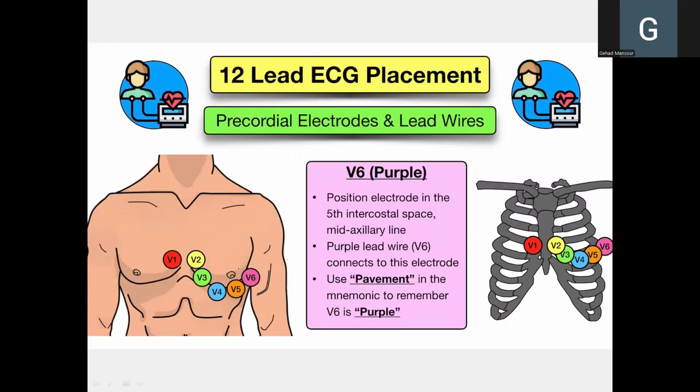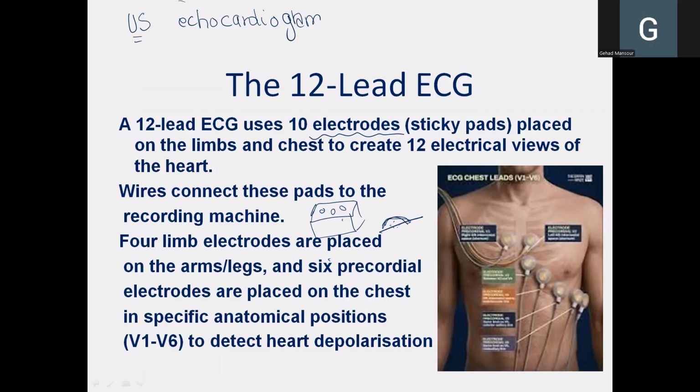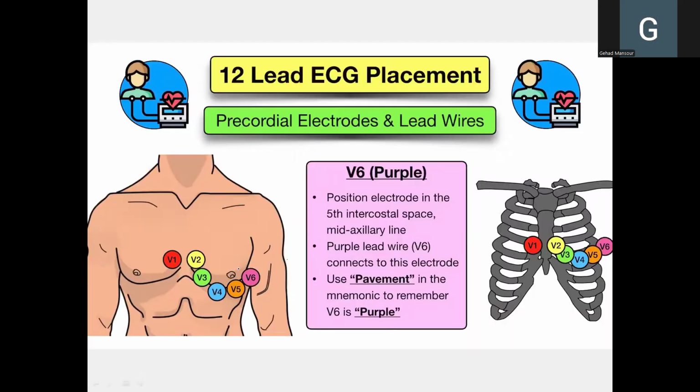So here you can see, I'm just checking if there is a repeated diagram. Here you can see that we adjust the V5 electrode just at the apex in the 5th intercostal space.